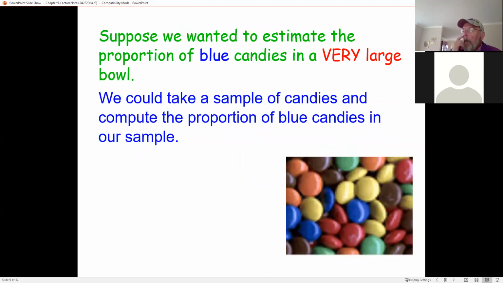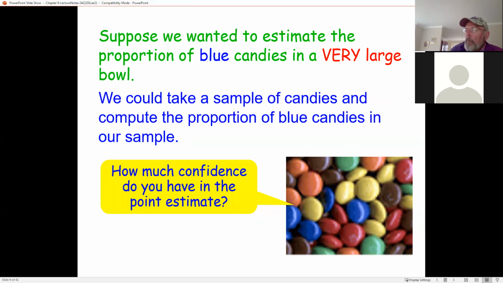So we're thinking about proportions, okay? We go back and forth between proportions and means, and we can do that pretty well. And we might take a sample of these M&Ms, and we're interested in the proportion of blue candies, okay? How much confidence do you have in a point estimate?